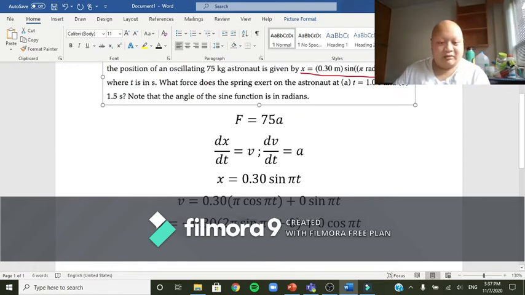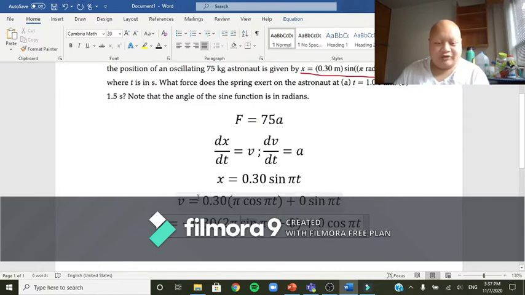So anyways, the differentiation of velocity, or the acceleration function, would be negative 0.3 times 2 pi sine pi t.